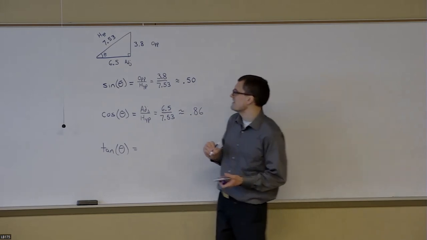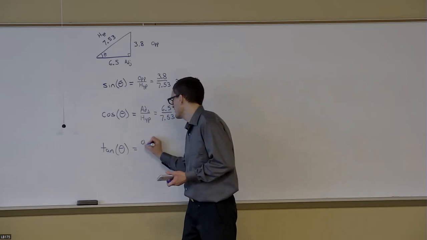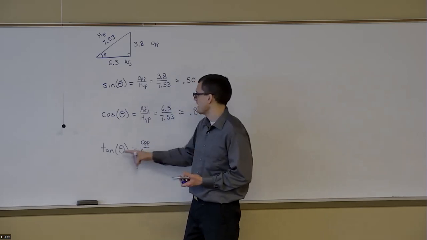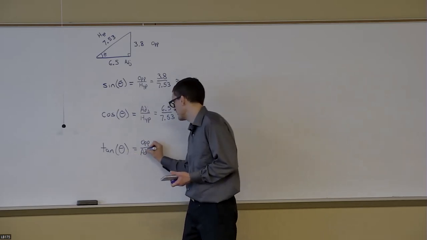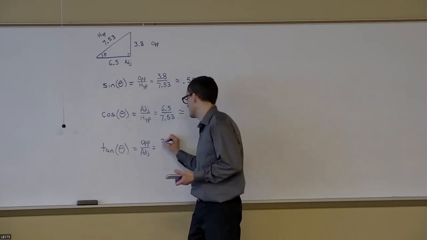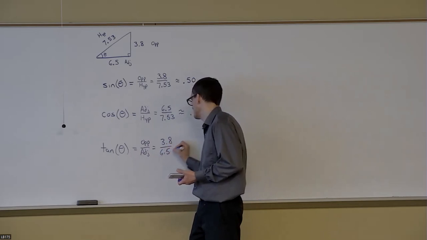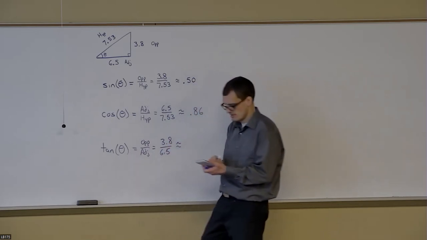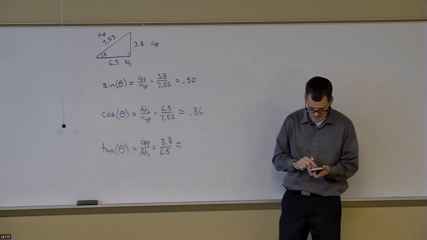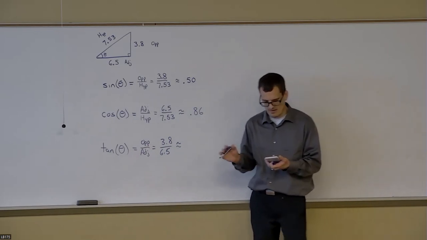When you find the tangent, again, that's the TOA part, so T-O-A, tangent is opposite over adjacent. Opposite, once again, 3.8. Adjacent, once again, 6.5. I got about 0.59.